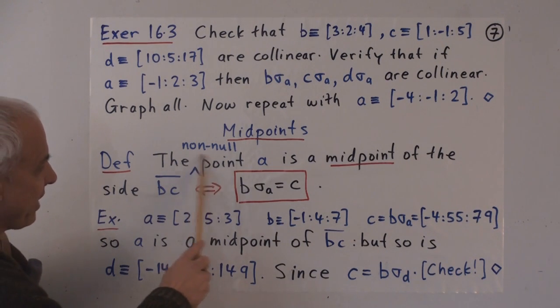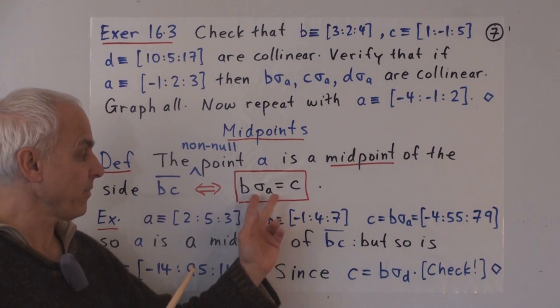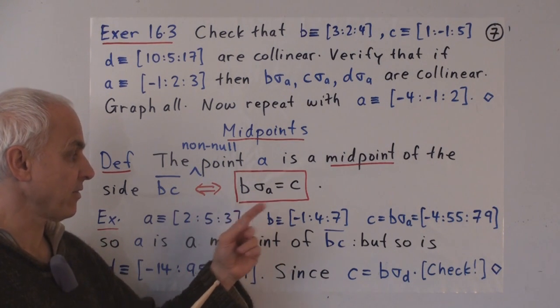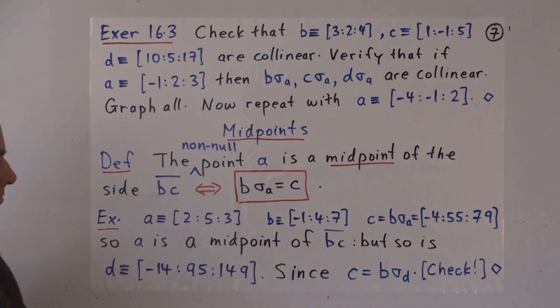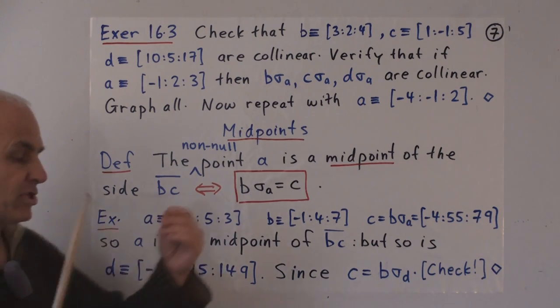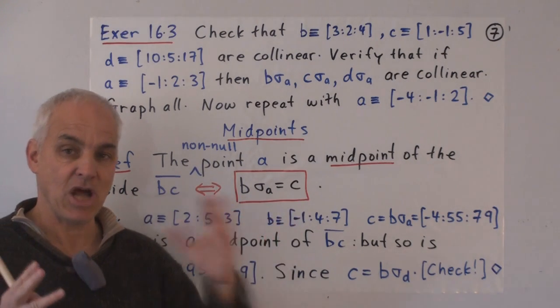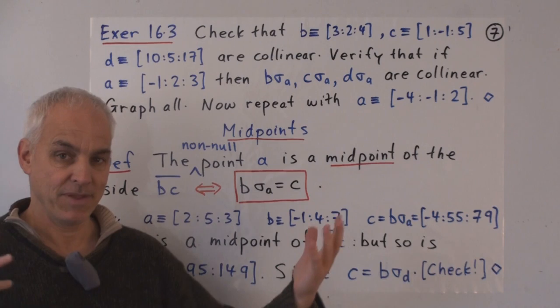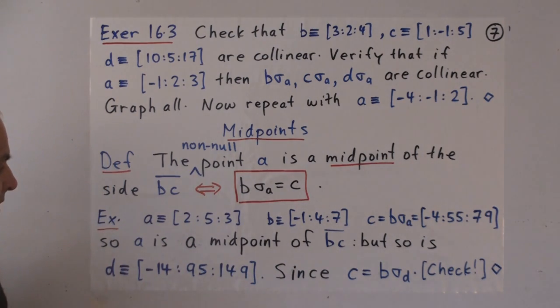And we better specify that the point A is actually non-null, so that this is symmetric, so that it's equivalent to saying that the reflection of C in A is B. Because remember, we saw that if A is a null point, then the reflection is not necessarily invertible. It collapses everything to the point A. Here's an example.